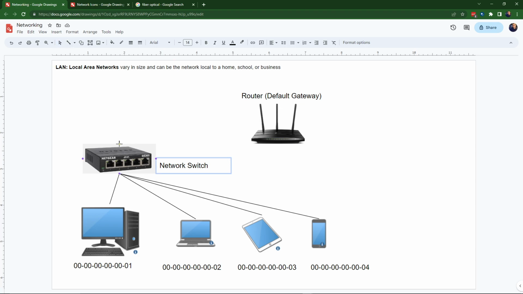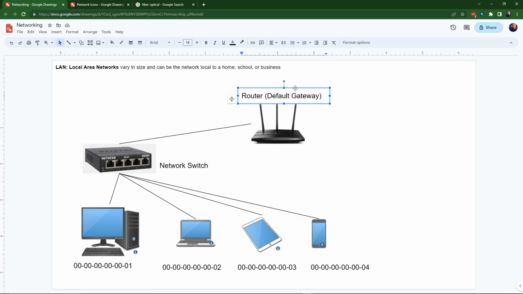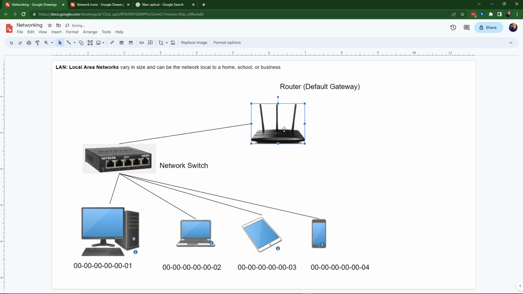So if I take this switch, we would connect the router to the switch like that. So now what we have is we have the switch that keeps track of all the devices on your network. Then they all have MAC addresses. And the router is going to allow us to eventually connect out to the internet. But the router is going to do some new interesting things. And a lot of stuff is going to come flying at us now as we deal with the router.